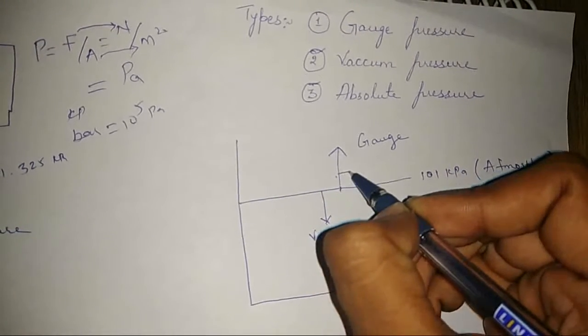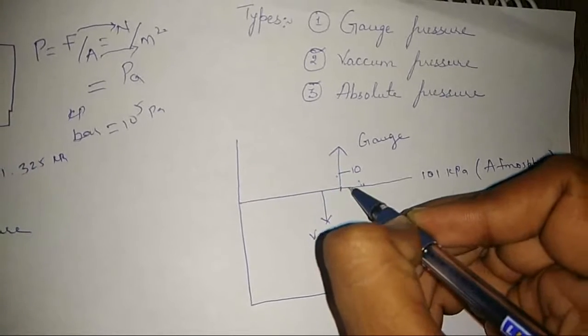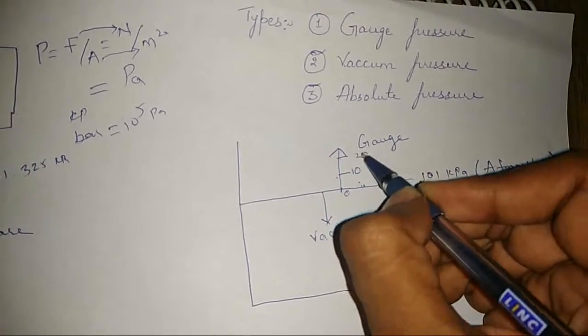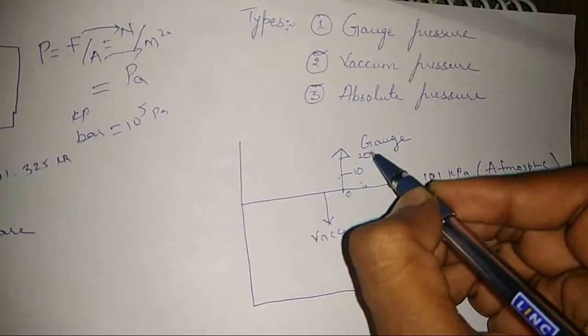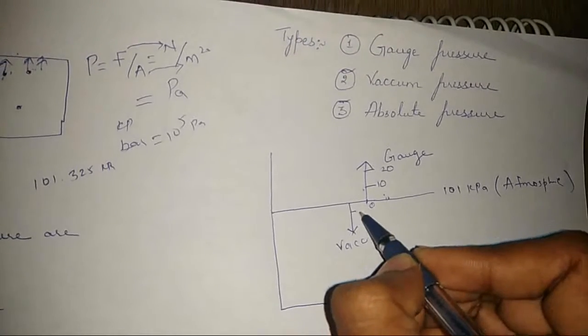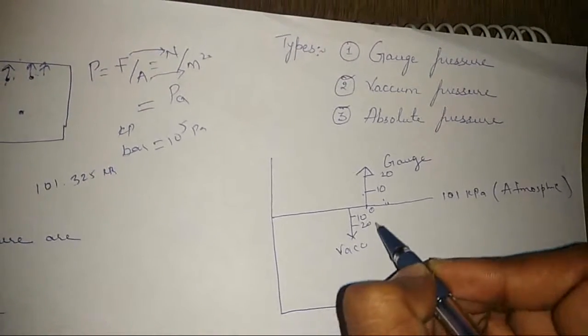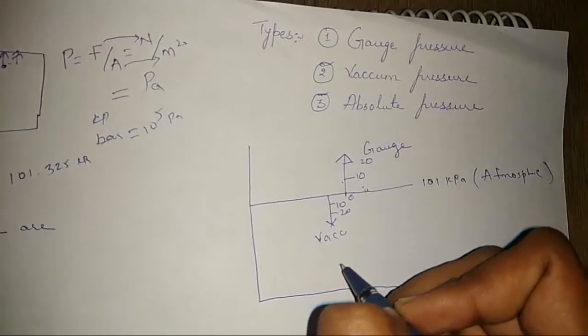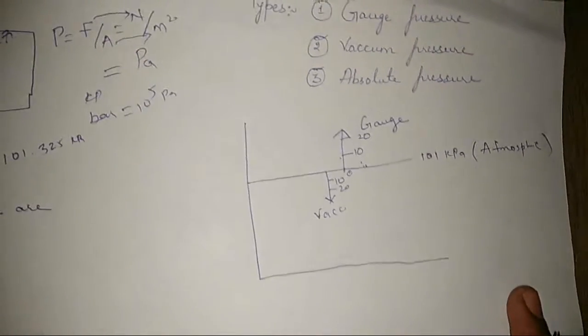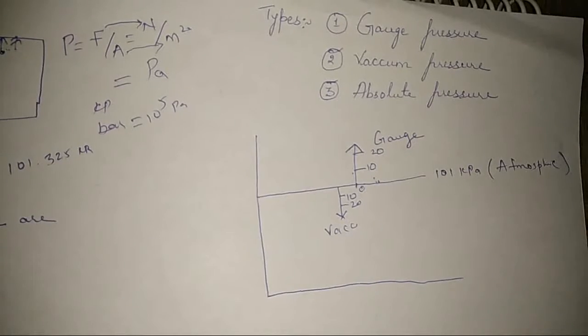Suppose here is 0 kilopascals, here is 10 kilopascals, and here is 20 kilopascals. These 20 kilopascals are termed gauge pressure. If we go down 10, 20, we term these 20 kilopascals vacuum pressure. So this is a little explanation of gauge and vacuum pressures.